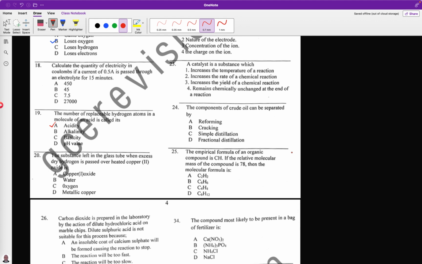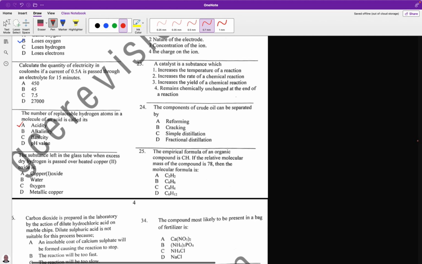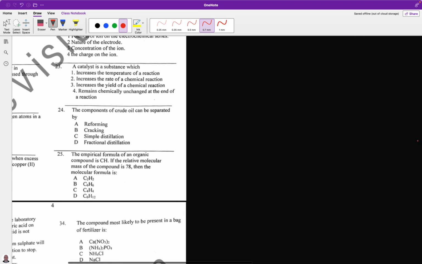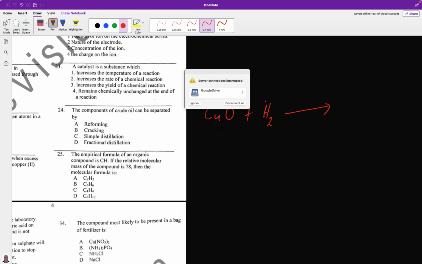Well, we need to write the equation before we can determine what is left. Let's say copper 2 oxide plus hydrogen. What is left there?